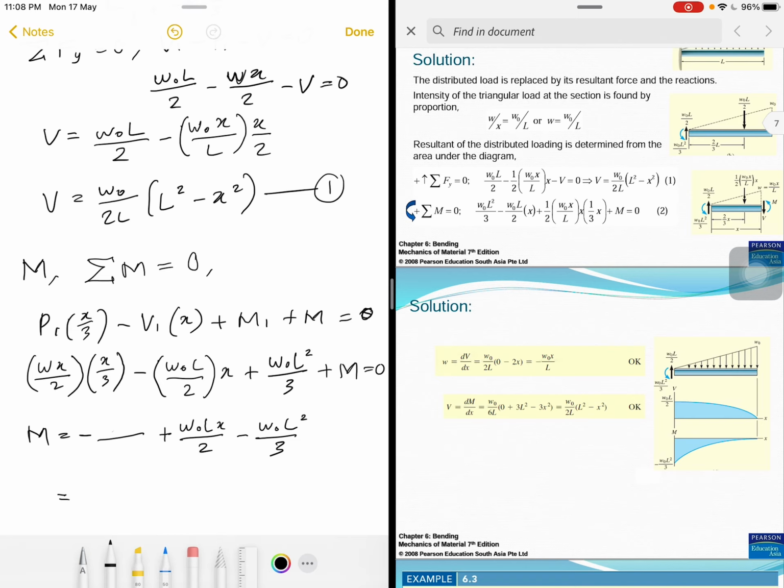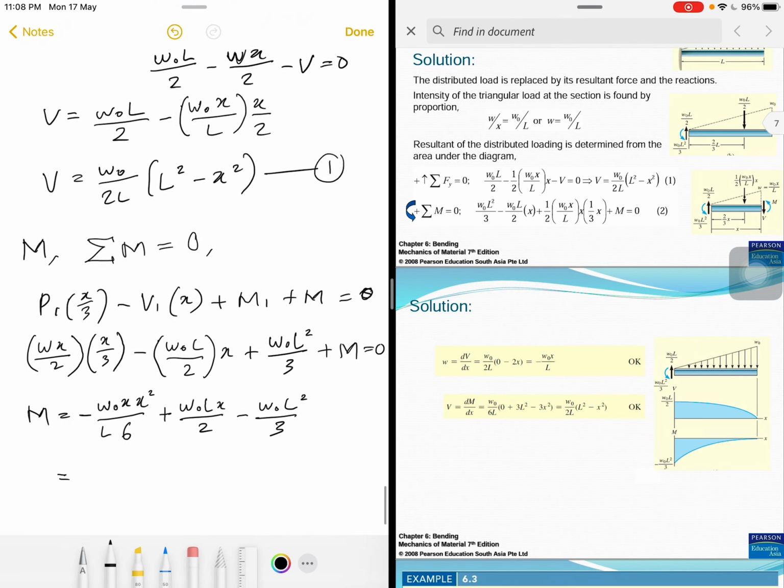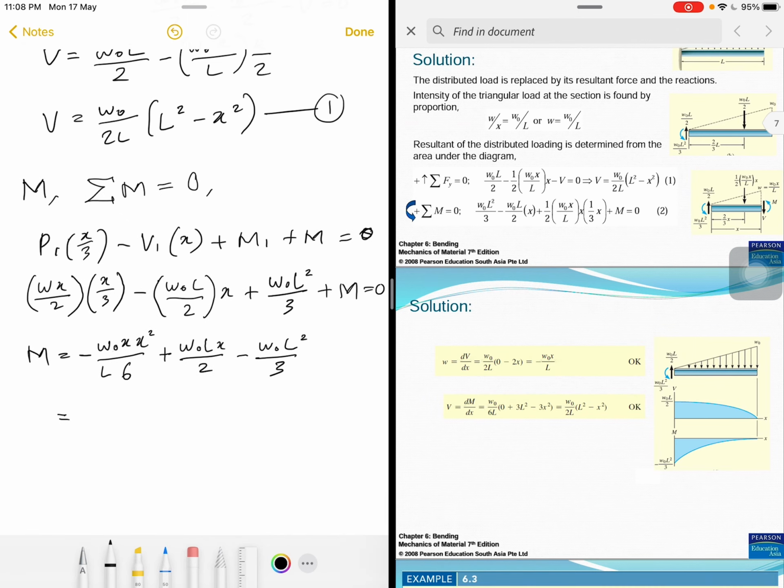So W is equal to W naught x over L, and we have x square over 6. Okay, so it should be W naught x cube over 6L.